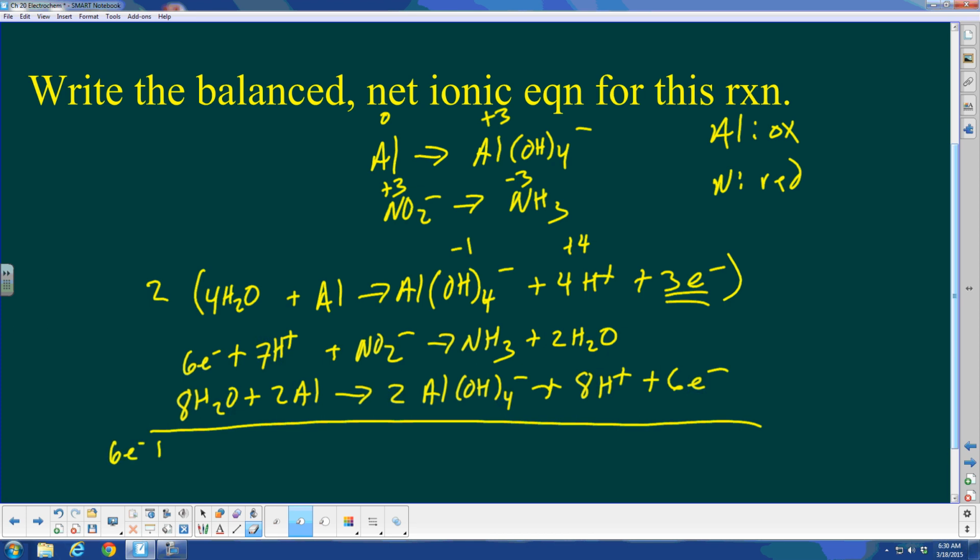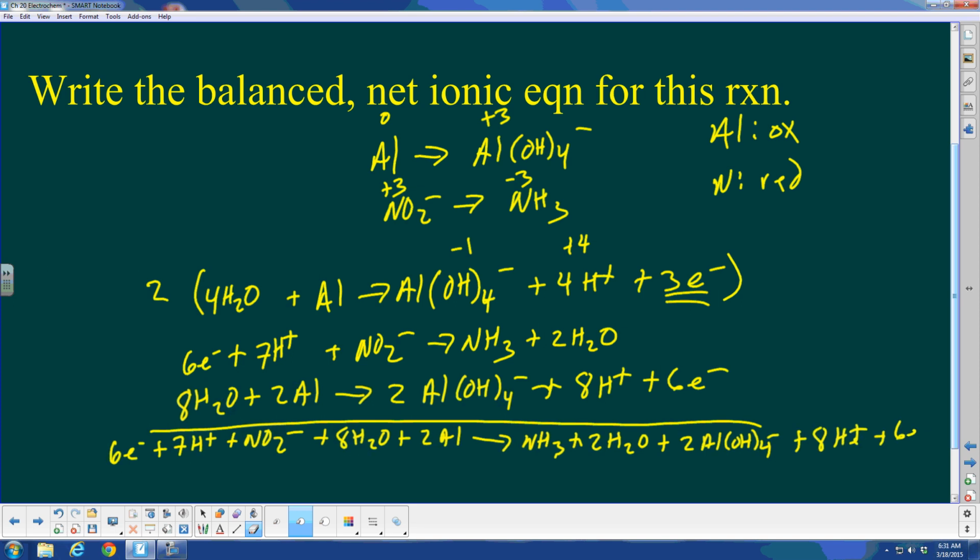6 plus 7 H plus NO2 minus plus 8 waters plus 2 aluminums yields ammonia plus 2 H2O plus 2 Al(OH)4 minus plus 8 H plus, 6 electrons.